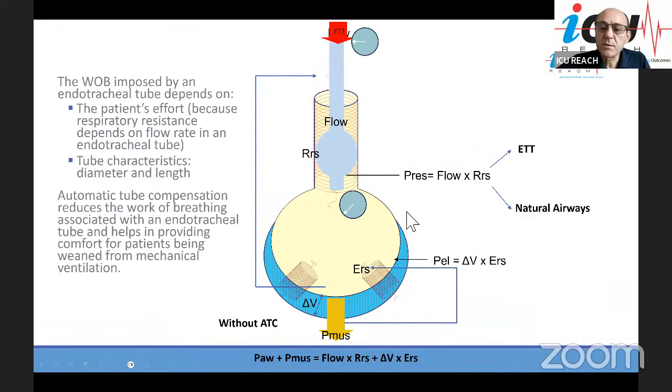So you can see here that this pressure would only overcome the resistive load of the tube, which is related to the length of the tube, the diameter of the tube, and the flow of the air through the tube.